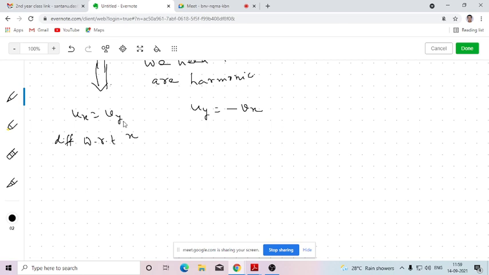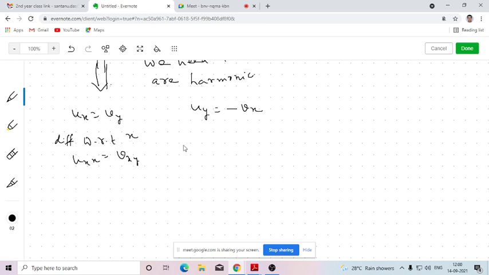So on the left hand side we get the second order derivative, del squared u by del x squared, so uxx. And on the right hand side we are differentiating vy with respect to x, so I will get vxy.